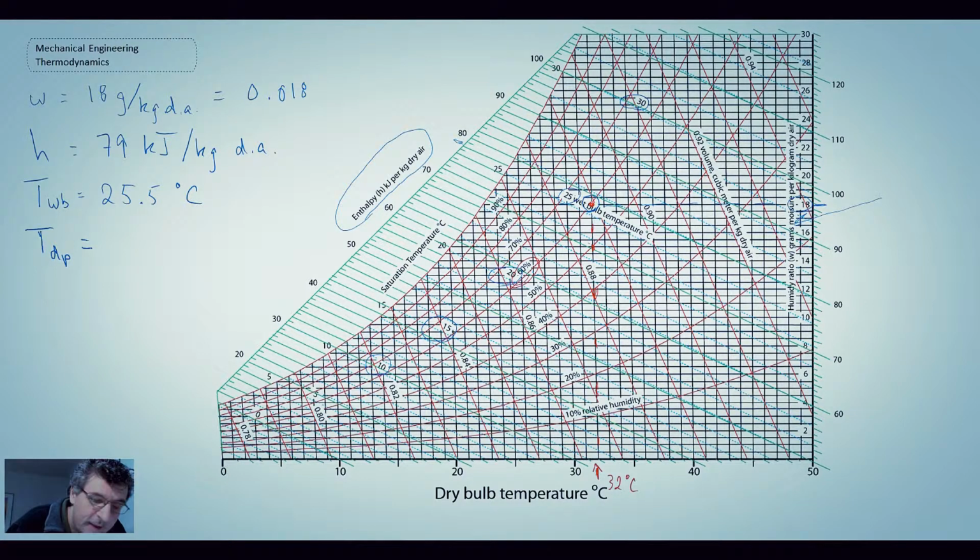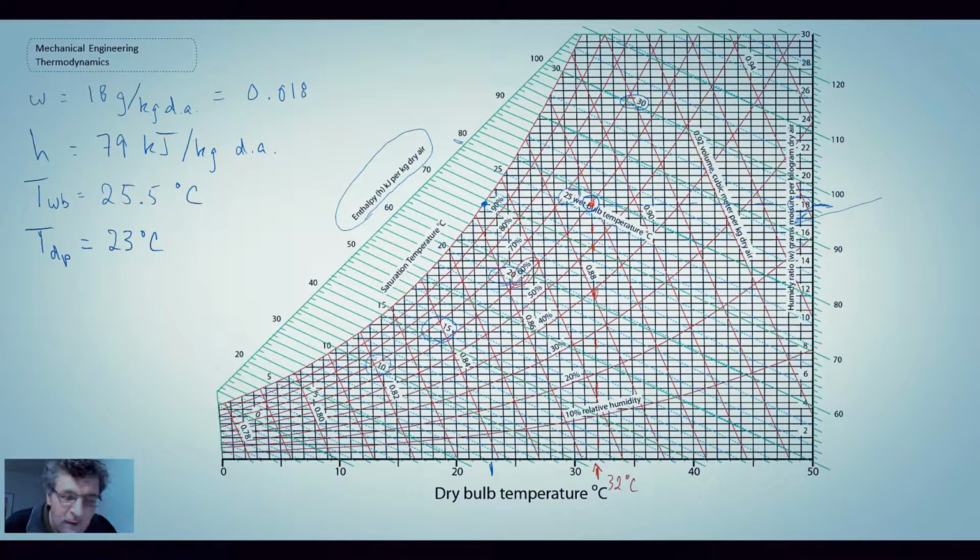To get that, we're not changing the specific humidity, but we're dropping the dry bulb temperature. So we move directly to the left, get to this point here, and then go down to read the temperature. That's 21, 22, 23. I would say the dew point temperature is about 23 degrees C.